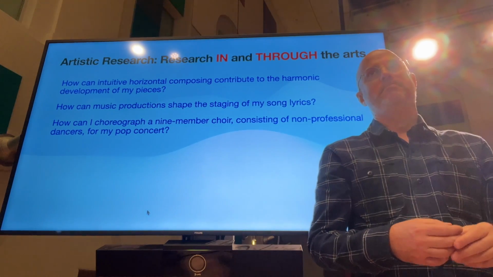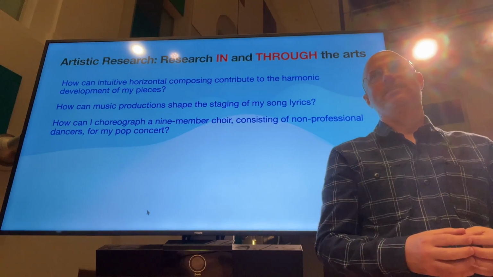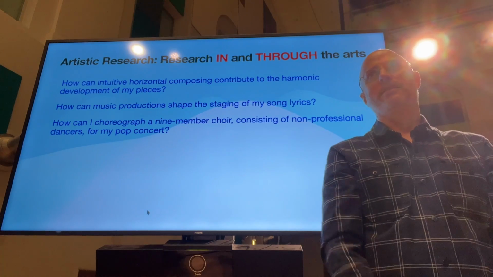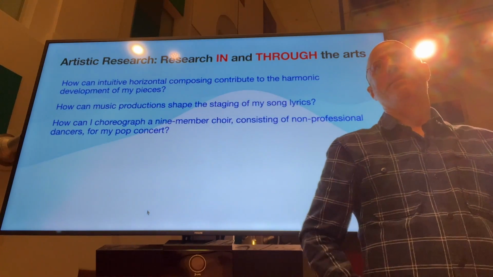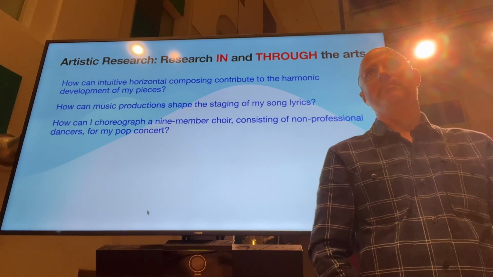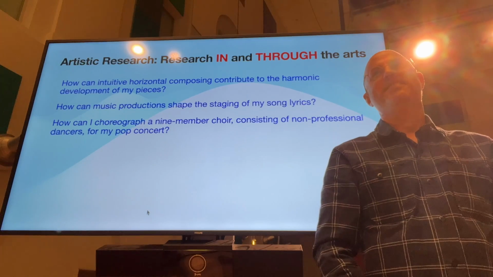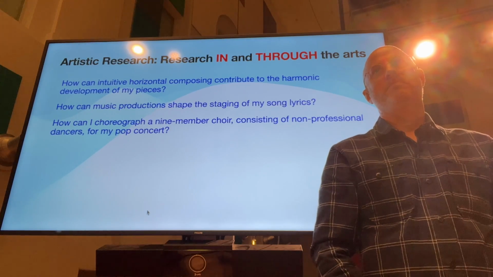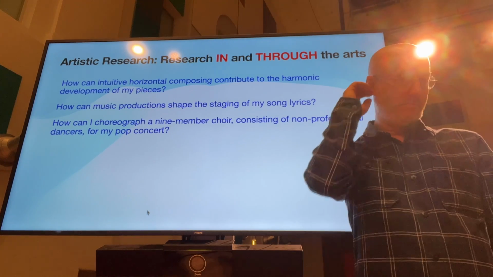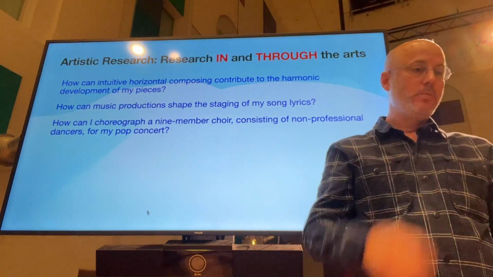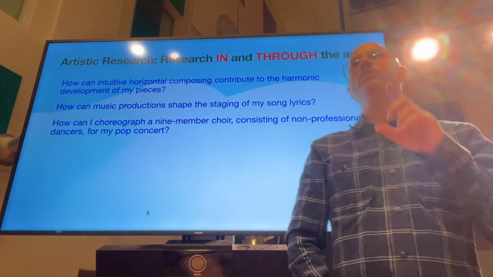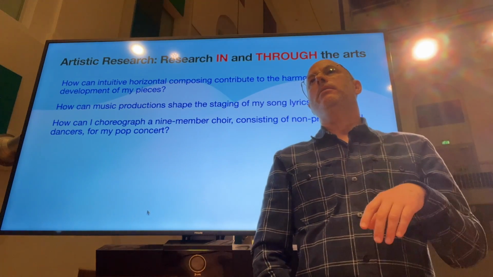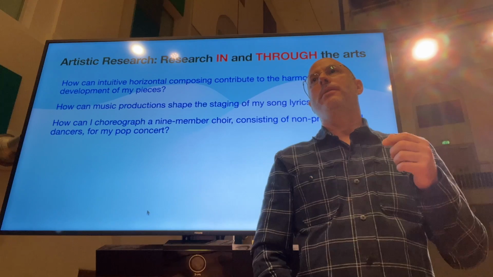Yeah, Gijs. I always learned that when you ask a research question, it needs to have a measurable answer. But for me, it doesn't seem like these questions do, or is it? Well, let's take the word measure and replace it with demonstrate.